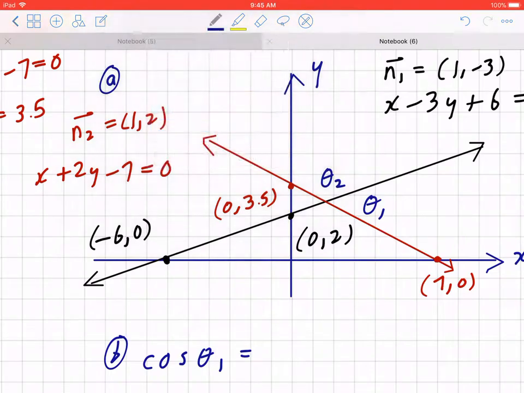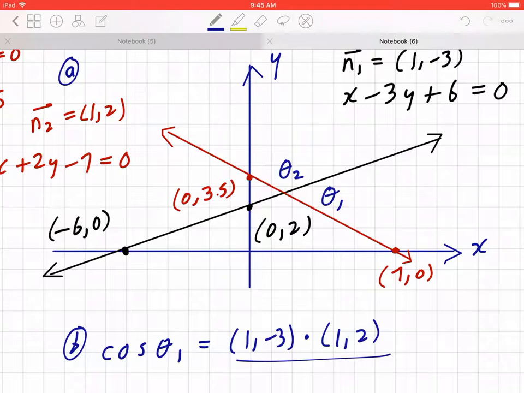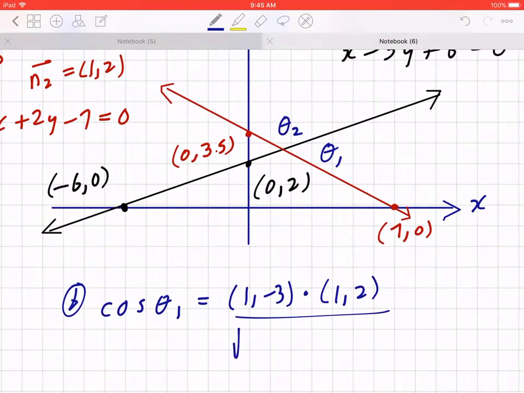So when you're trying to find the angle between them, you can take the dot product of the normal vectors, 1, negative 3, dot it into 1, 2, divided by the magnitude of the corresponding normal vectors. So the square root of 1 square plus negative 3 square times the square root of 1 square plus 2 square.